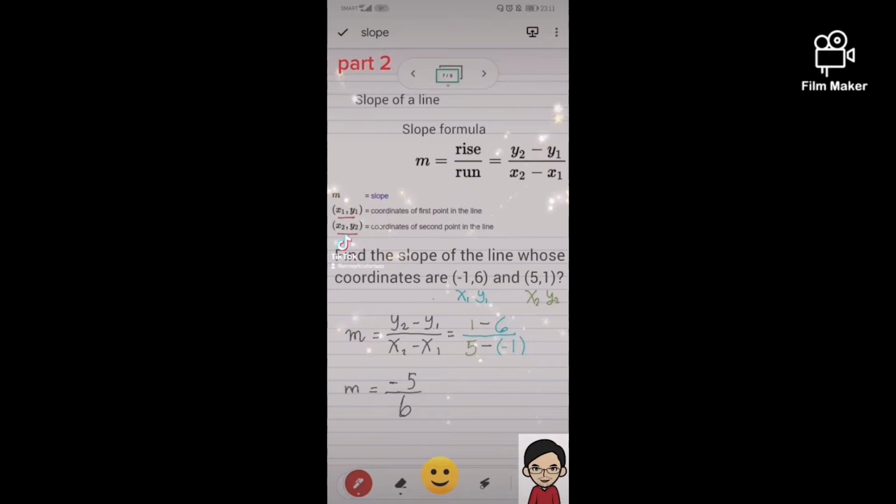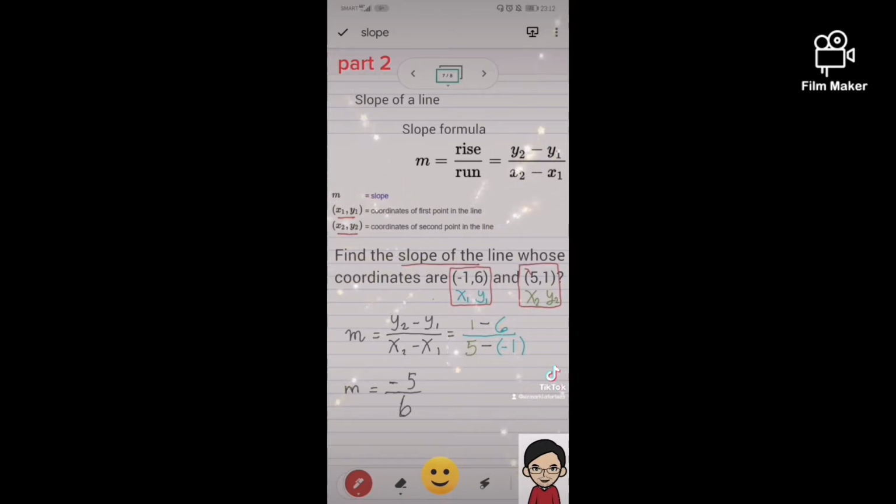So for example, you were asked to find the slope of the line whose coordinates are negative 1, 6 and 5, 1. So my first point is labeled as x sub 1 and y sub 1. My second point is labeled as x sub 2 and y sub 2.